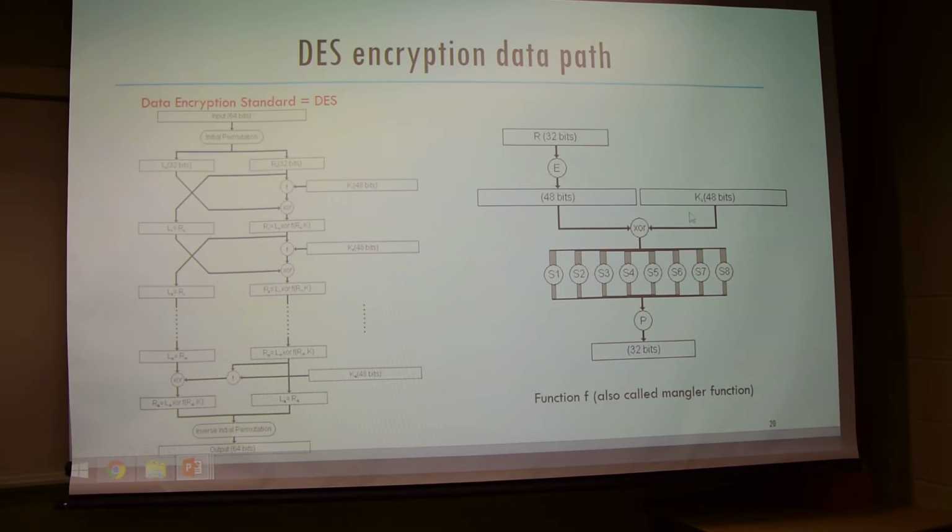It is XORed with 48 bits of key. And then it is grouped into 8 groups. Each group has 6 bits. Then it passes through the SBox. The output of each SBox has 4 bits. So in total, you come back to 32 bits, do a permutation, and output 32 bits.